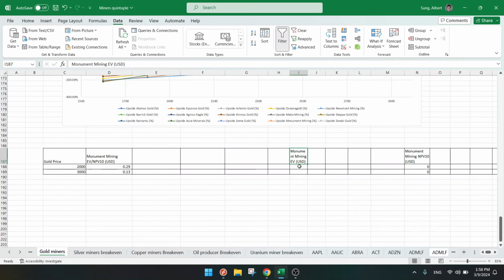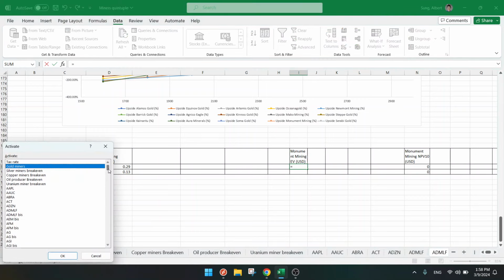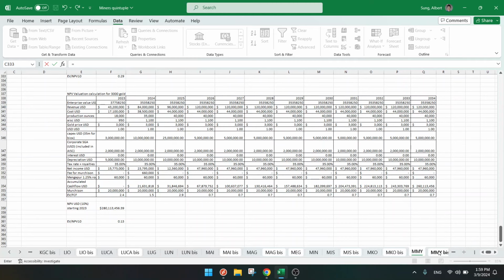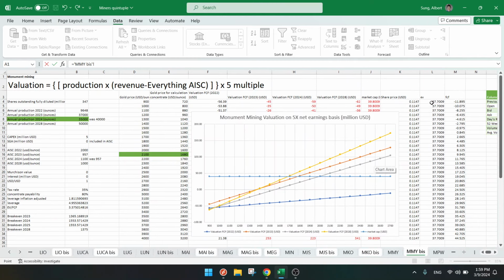Now what's the EV? EV is really easy. We just refer to the master chart. I could also just refer to this here. That's also the EV in US dollars.